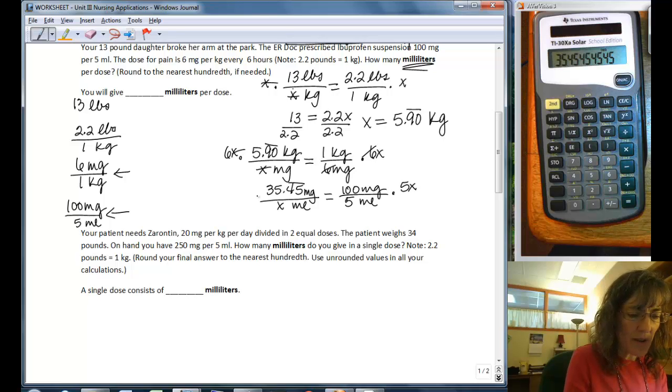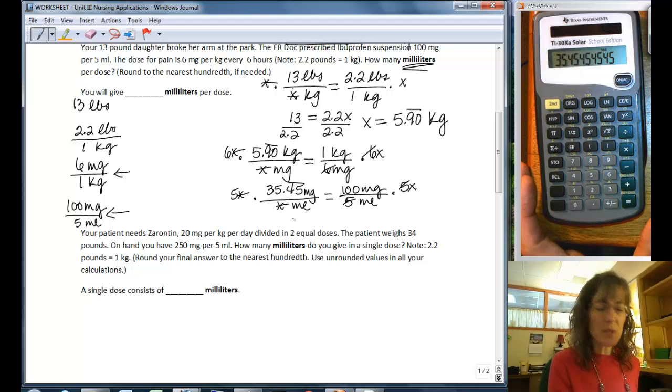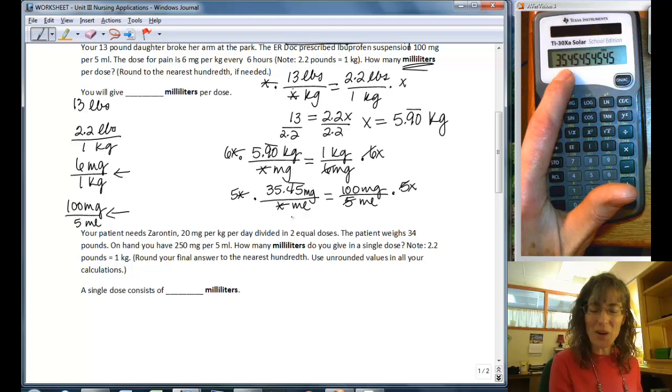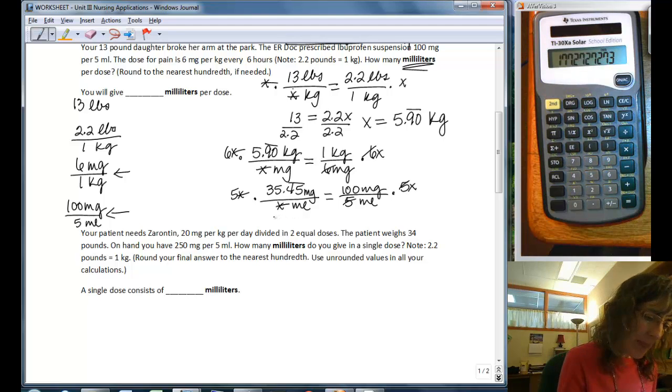Looks like I need to multiply by 5x on both sides. Reduce the x's, the 5's go, and I have to multiply 5 times 35.45 repeating. I have 35.45 repeating on my calculator, so I just times by 5, and I have 177.27 repeating equals 100x. Divide both sides by 100.